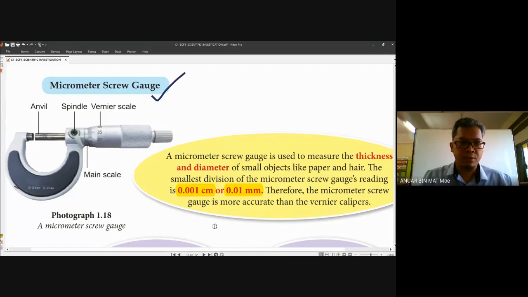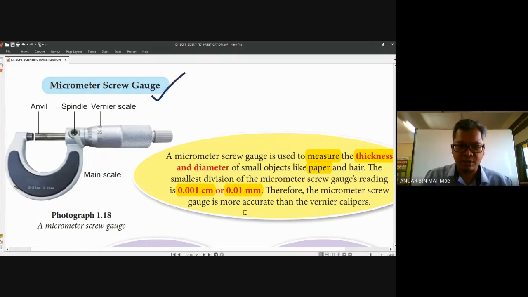We have the anvil here, spindle, and vernier scale here. Very accurate, because maybe you want to measure the thickness of paper or hair, you can use a micrometer screw gauge, G-A-U-G-E, up to 0.01 millimeter accuracy. You cannot do this using an ordinary ruler.